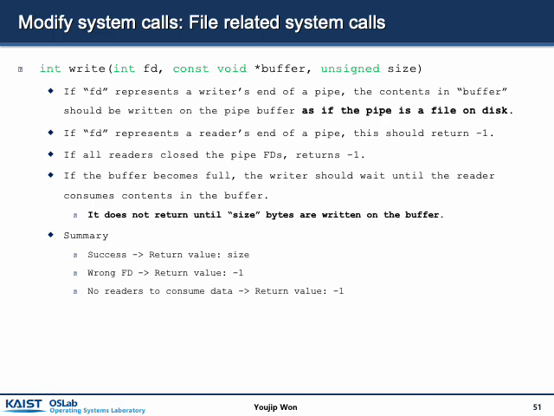And if all readers close the pipe file descriptors, the system call should return -1. If the buffer becomes full, the writer should wait until the reader consumes the contents in the buffer, and it does not return until all bytes are written to the buffer.